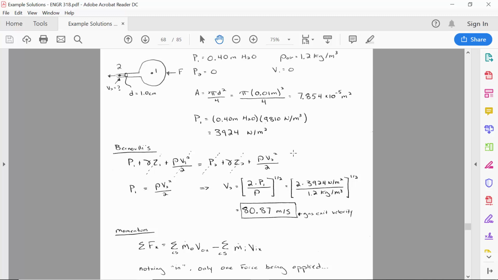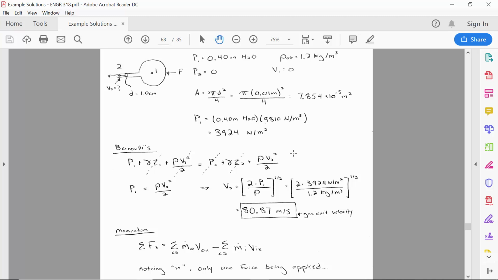All right, so the mass flow rate then is going to be the density, 1.2 kilograms per cubic meter. The cross-sectional area that we got from the 1 centimeter diameter, so that cross-sectional area is 7.854 times 10 to the minus fifth meters squared.